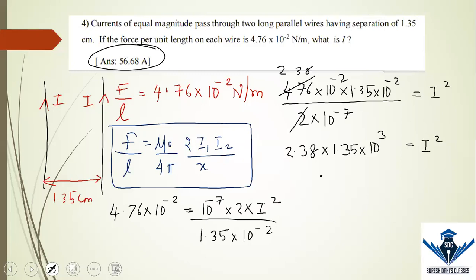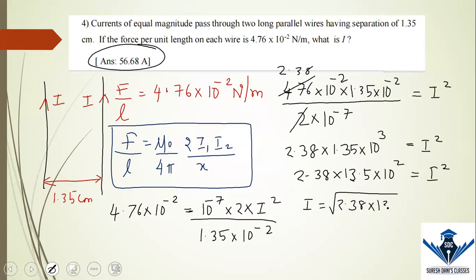So if you want to adjust the power, we can adjust it to 2.38 into 13.5 into 10 to the power 2 is equal to I squared, so that the power comes out. So I is something like the square root of 2.38 into 13.5, which you will have to do with logs, into 10.